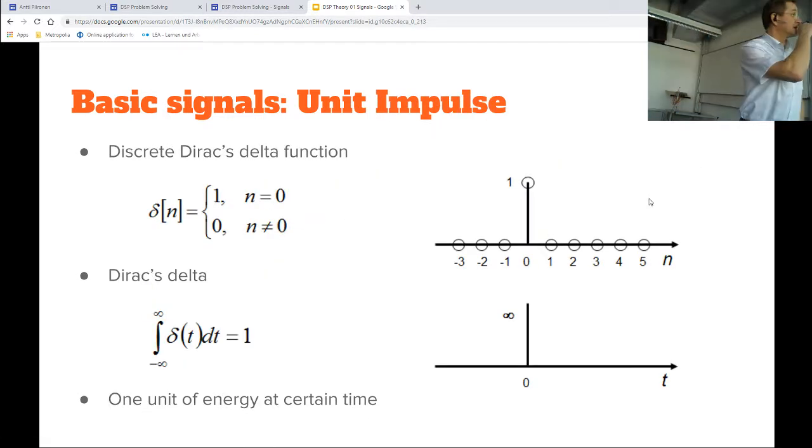Okay, let's go back to this one. So Dirac's delta function, this analog version, is kind of hard to use for any testing, but the impulse function, the discrete Dirac's delta function, is the most important testing vector for discrete-time systems, since you'll be measuring the impulse response.